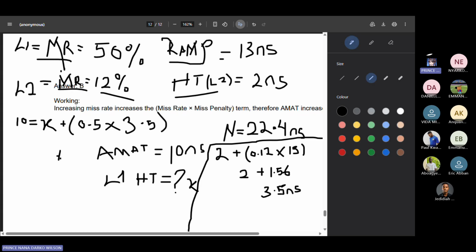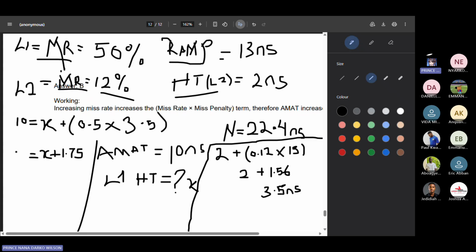So let me clear some space here. We have X plus 1.75 equals 10. Please, I don't have a calculator with me now, so please verify the answers as I am computing.